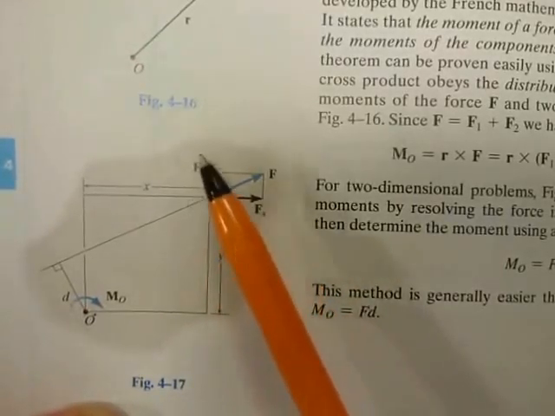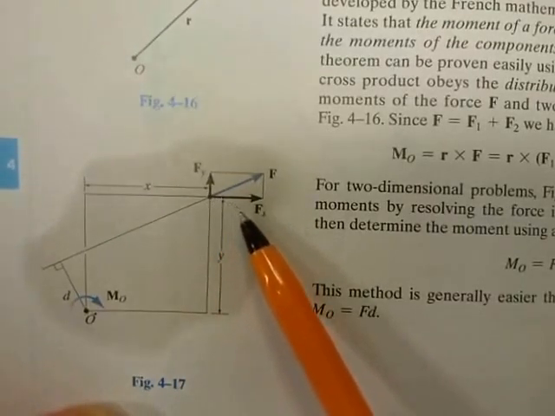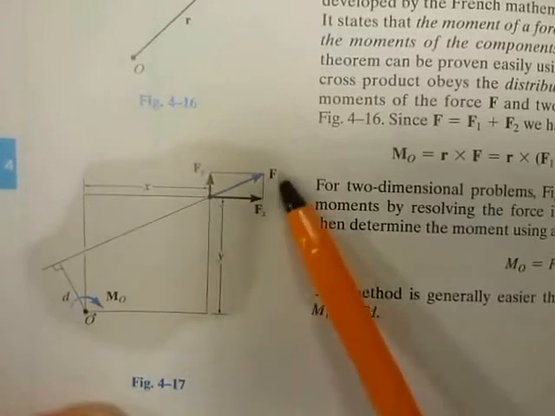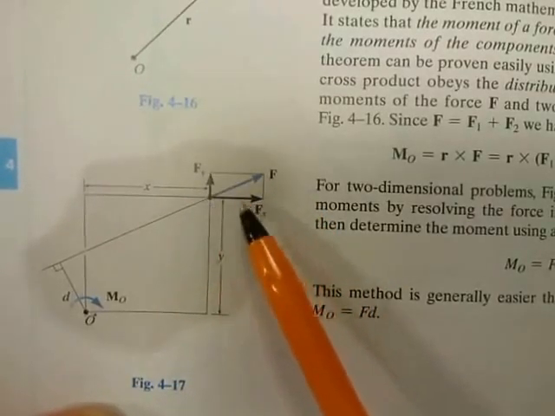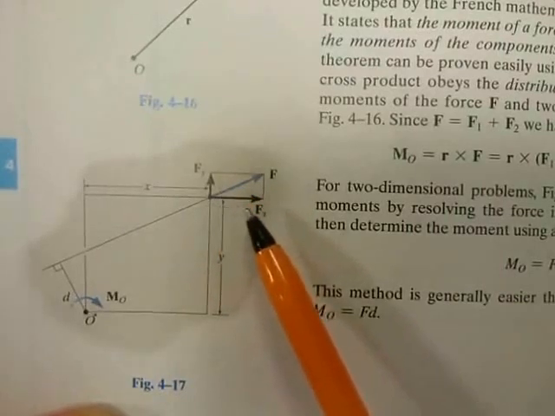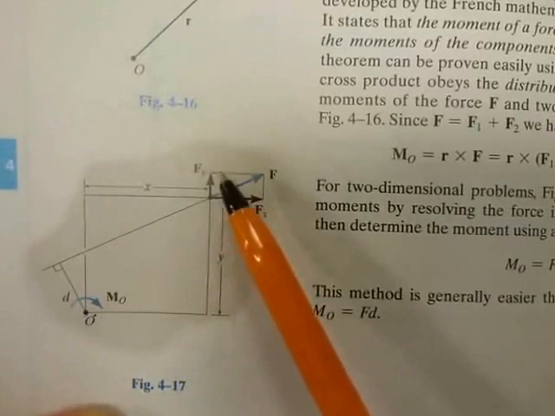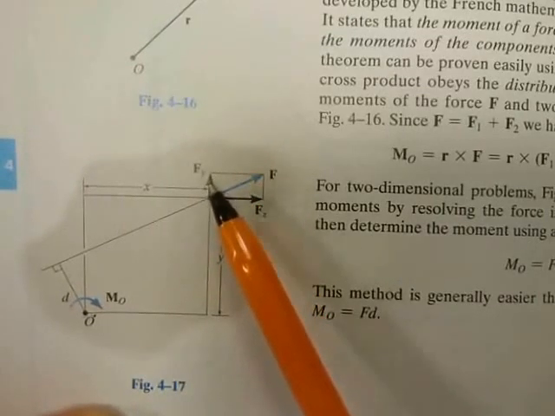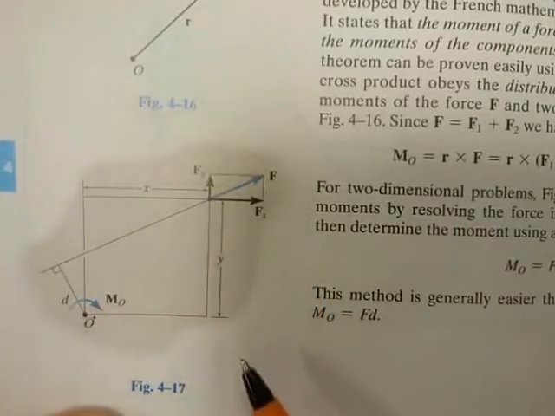In this case it's X and Y components, but it could be any appropriate components along any two axes. You break it up into its X and Y components, and then you calculate the moment caused by each of those forces.